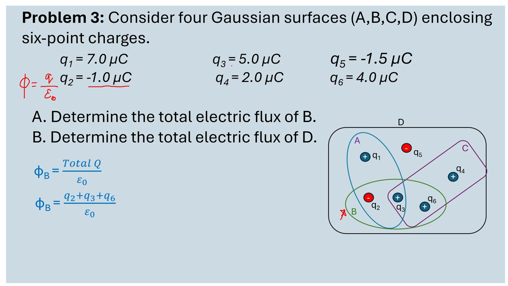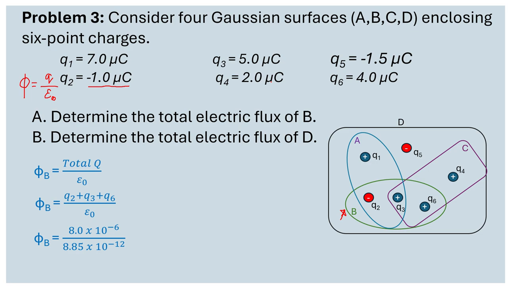So we have Q2, negative 1.0 microcoulomb, plus Q3, 5.0 microcoulomb, that is already positive 4 microcoulomb, right? So plus Q6, which is 4.0 microcoulomb, so that's 8.0 microcoulomb positive. All you need to do is just add them up and put them together.